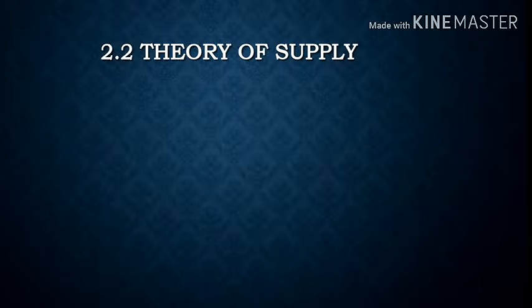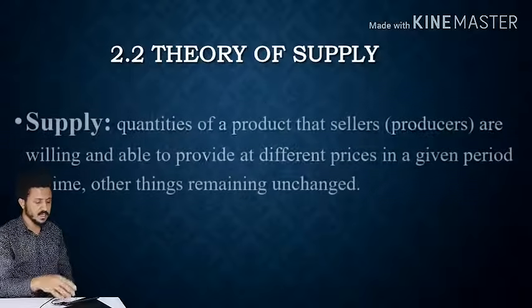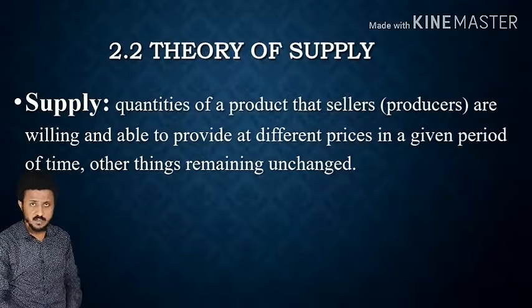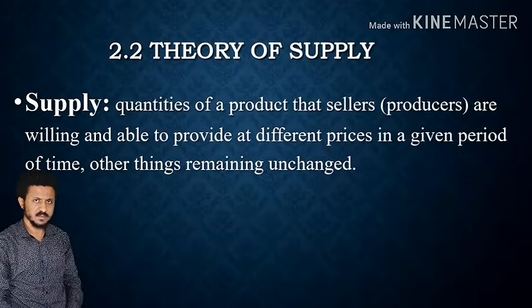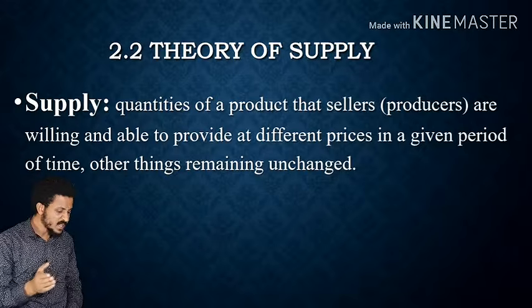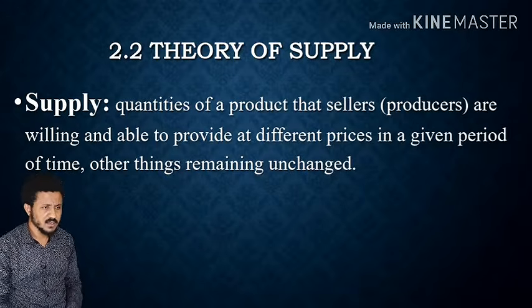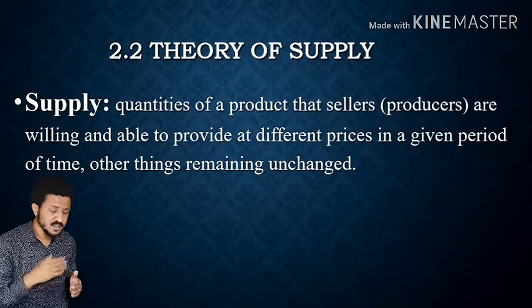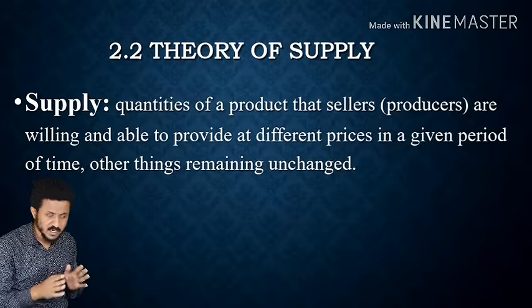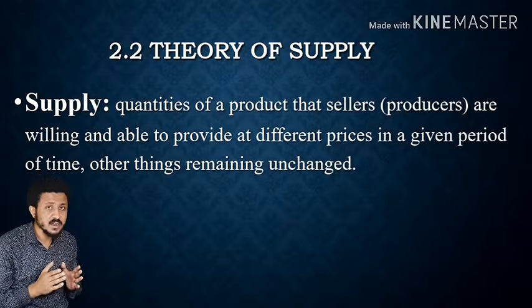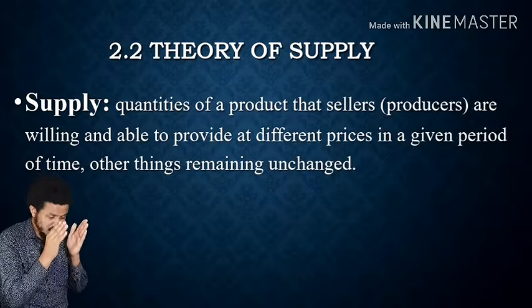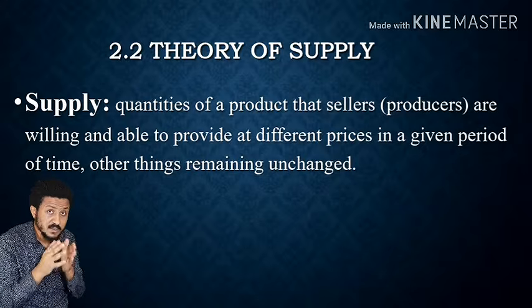So to begin with, the title says theory of supply. Let us define supply first. What does supply mean? If we define it in connection with demand it will be very easy. If you have finished demand, everything is similar. Supply is similar to demand. What is demand? We said demand is willingness plus ability to buy.